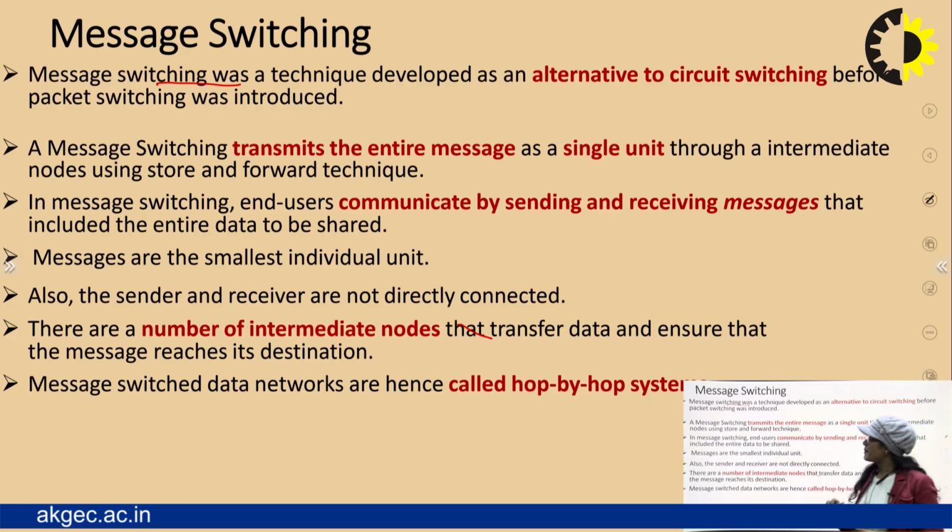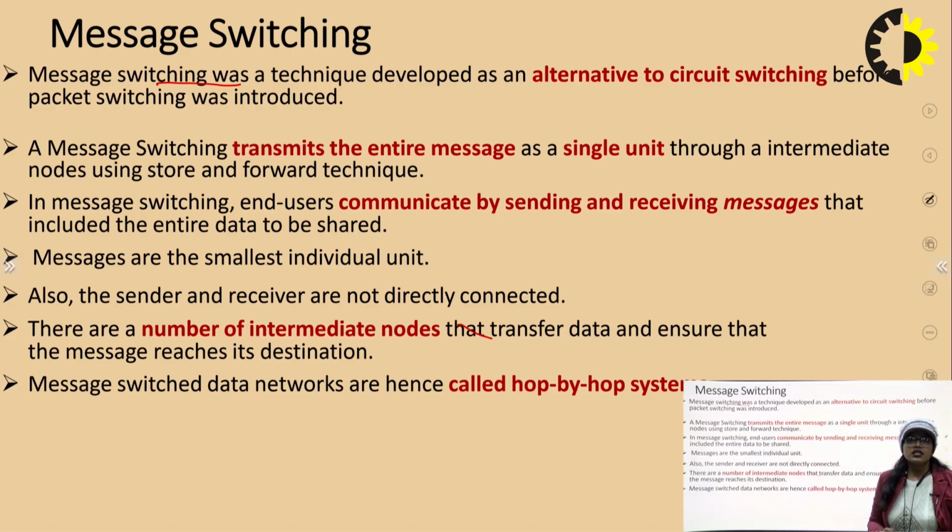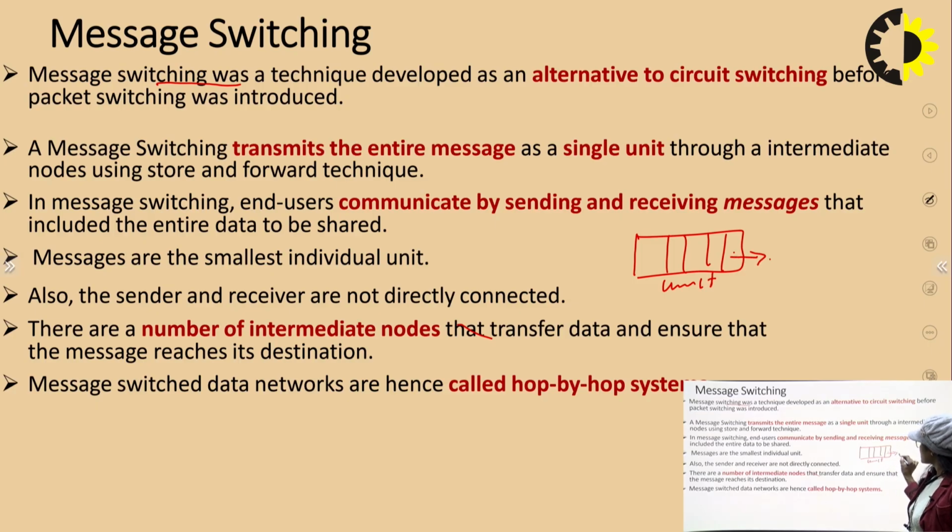Basically, in message switching transmission, the entire message is sent as a single unit through the interconnecting nodes using the store and forward technique. What happens is that in this technique we have a combined message, and this message is considered as a single unit, and this unit is transmitted through the network.